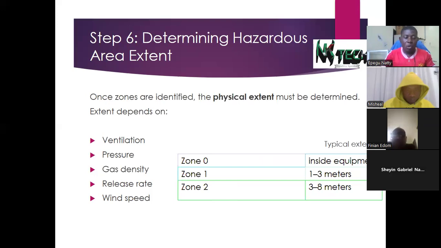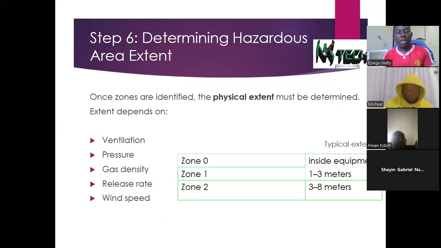So for your storage tank, 1 to 3 meters in that surrounding is your zone 1. So when carrying out your layout, just keep a space of 1 to 3 meters, and then circle that place as your zone 1. And then for zone 2, 3 to 8 meters. You understand? Yes, sir. Okay.